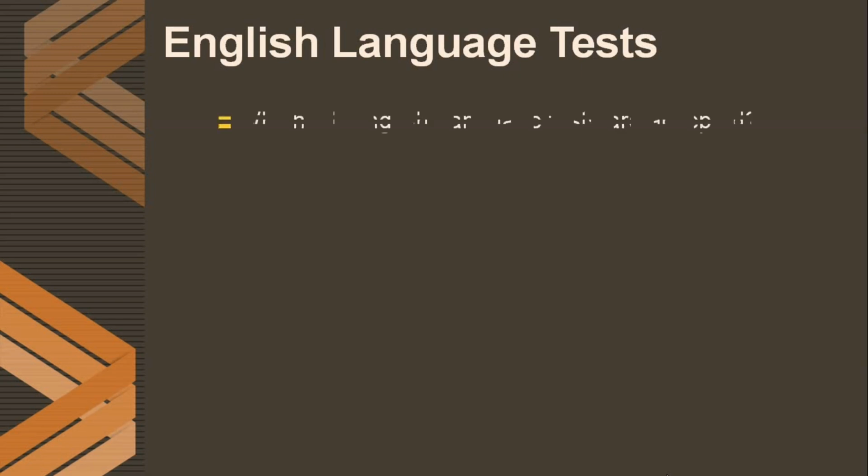Next, regarding the English language tests, which English language tests are accepted? So for AHPRA and PR, you have to find the safest English language test, the one English language test which will get you through both AHPRA and the Department of Home Affairs.